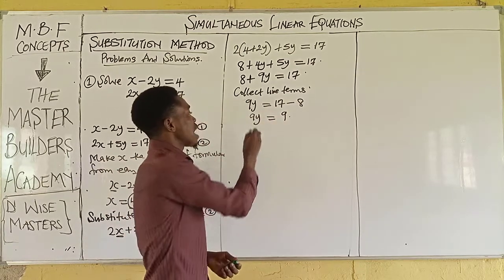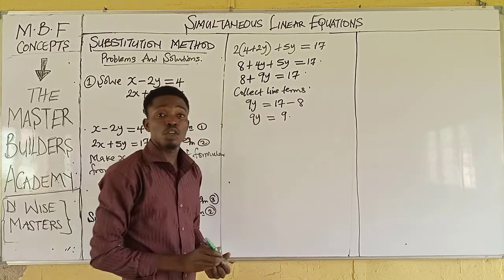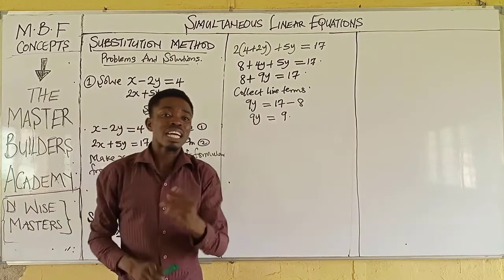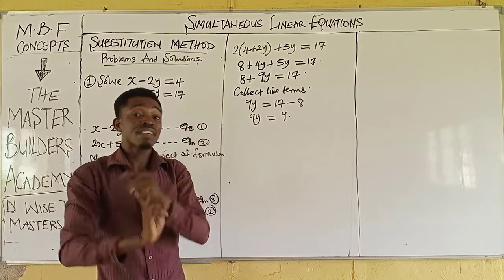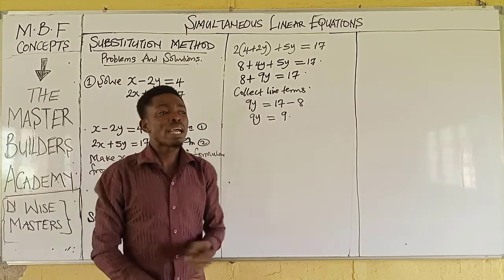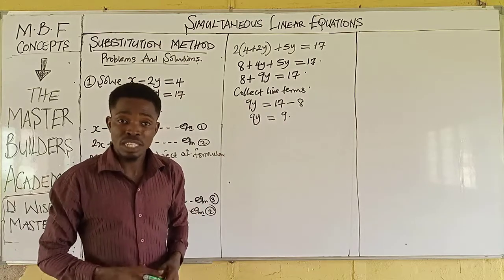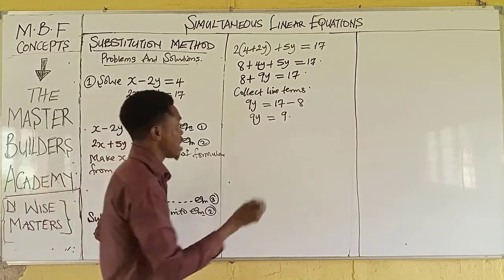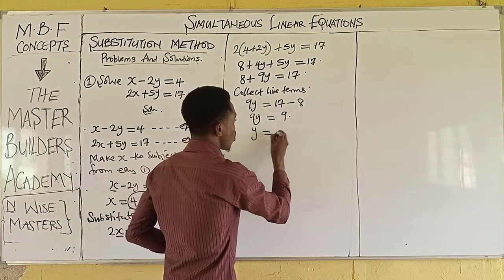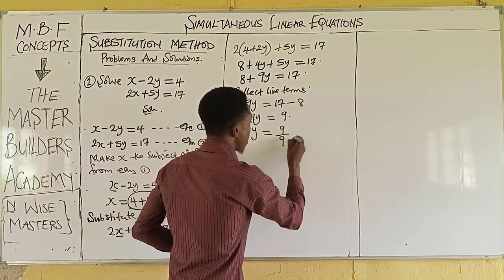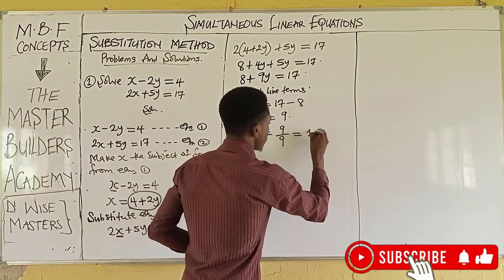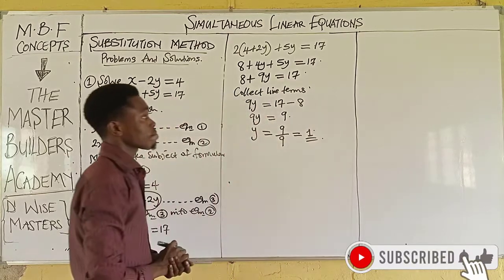At this point, we cannot leave our answer here because we are looking for just y. So the value of y must have a coefficient of 1. How do we make y have a coefficient of 1 here? All we simply need to do is to divide both sides by the coefficient of y. Therefore, we have that y is equal to 9 divided by 9, and this will give us 1. It's as simple as that.